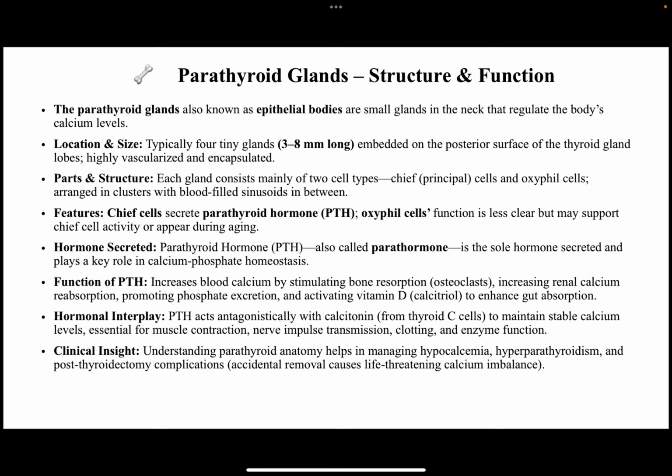The activity of this cell is known to become more active, more potent, when you age, or when you become elderly. So we have 2 main cells, the chief cells and the oxyphil cells, and they all contribute in secreting the parathyroid hormone.